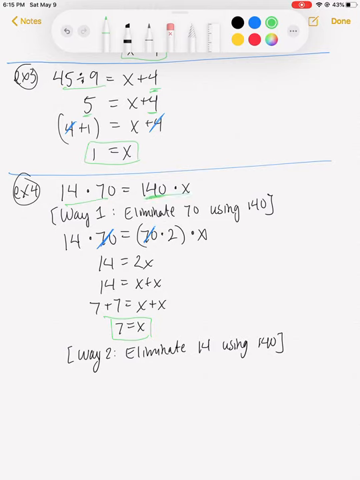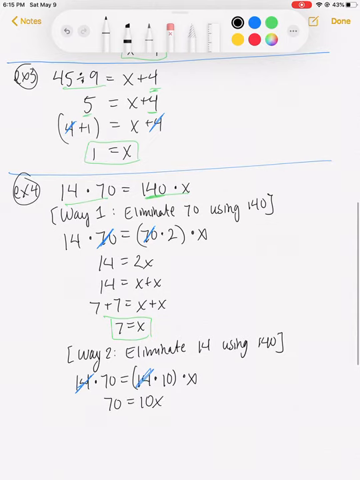I'm going to factor it into 14 times something. Now my 14s will simplify here. We brought off that balance, and 70 is going to equal 10x.